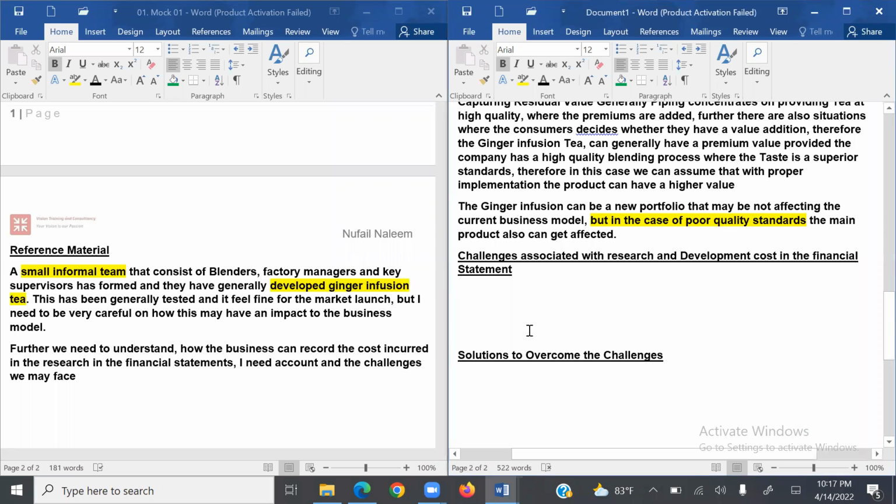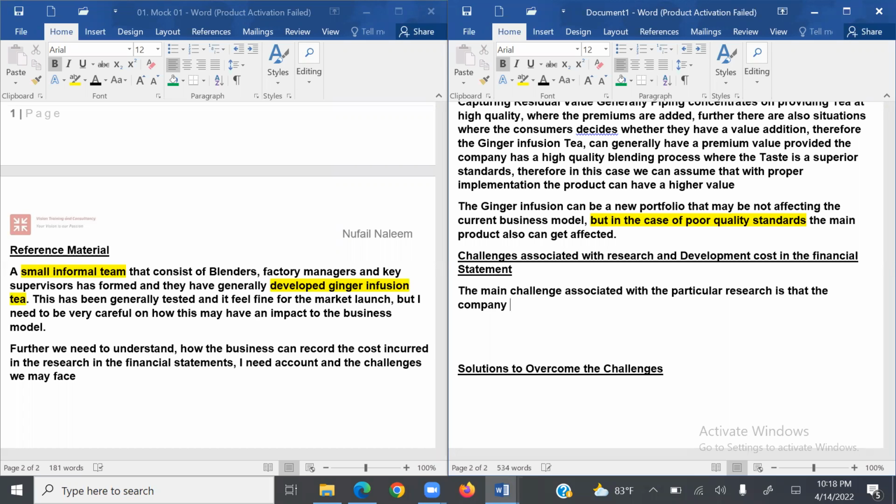So I'll write down here: the main challenge associated with the particular research is that the company has done the process in an informal manner.